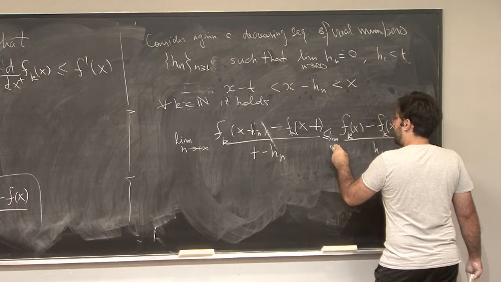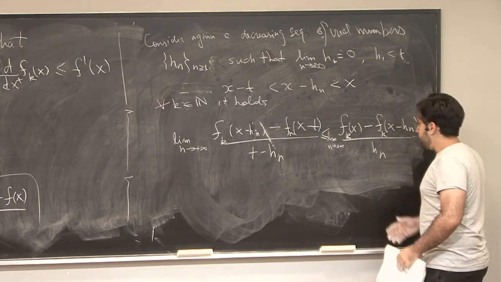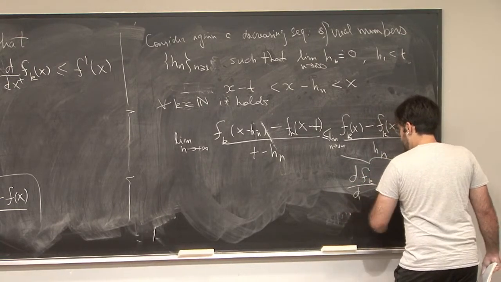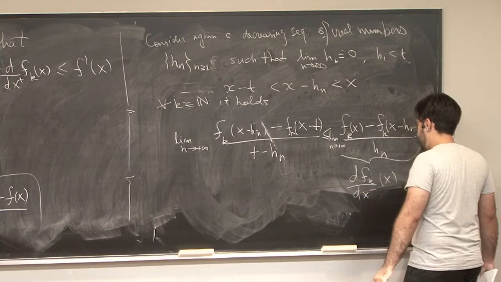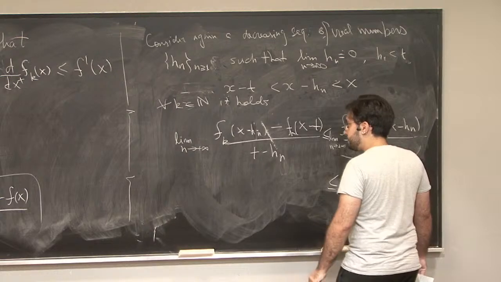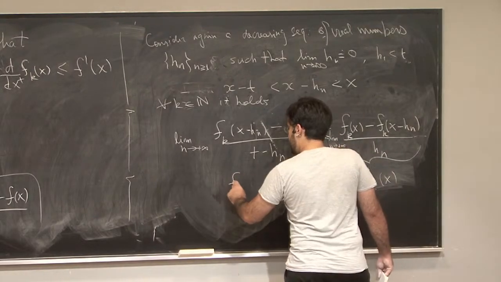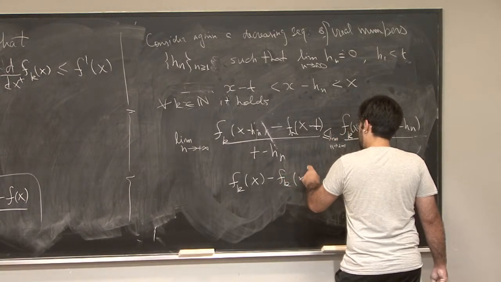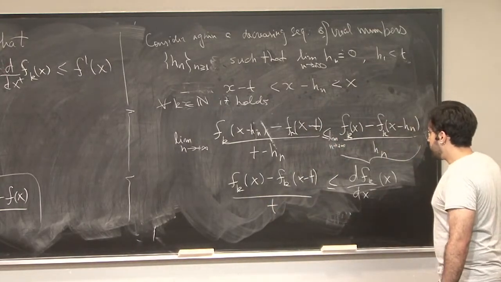But since this sequence now is approaching x from the left, this will be the right side derivative of f at the point x. And this will be less than fk(x) minus fk(x minus t) over t. This is a very similar situation.